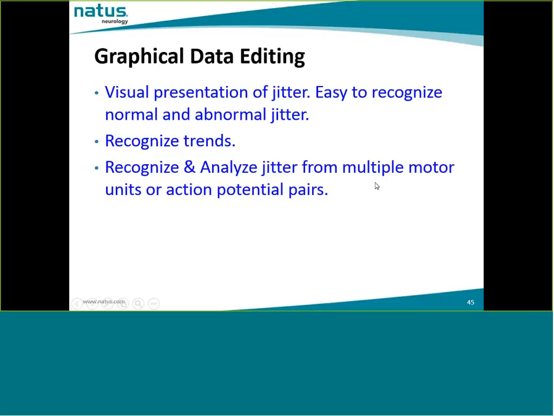It is very easy to recognize and analyze jitter from multiple motor unit or action potential pairs. And we saw this in the first recording that I analyzed for you. We can detect and delete outliers quite easily by manipulating the limits of the square window or the 3 standard deviation band window.